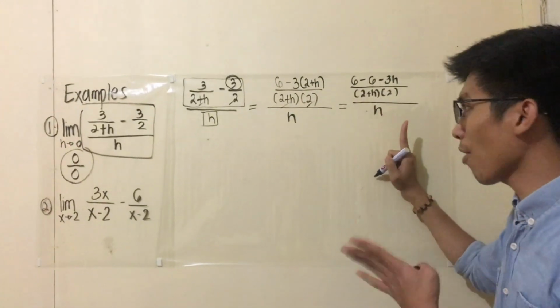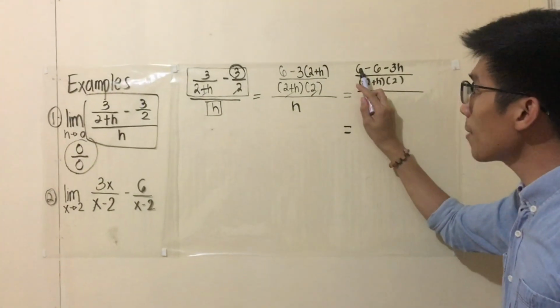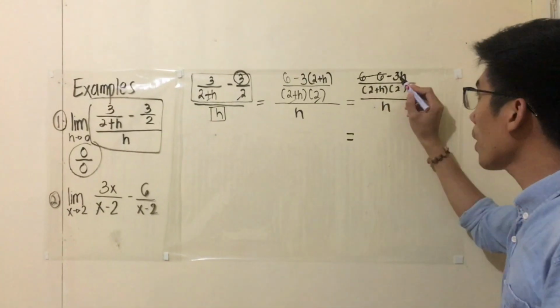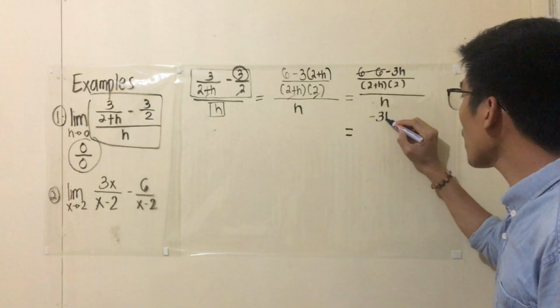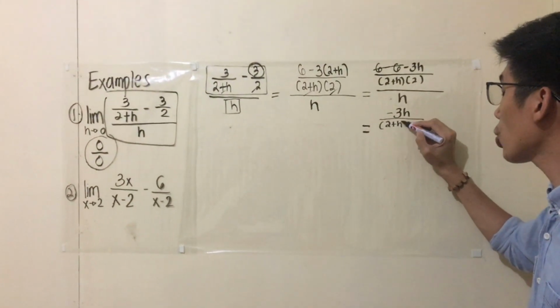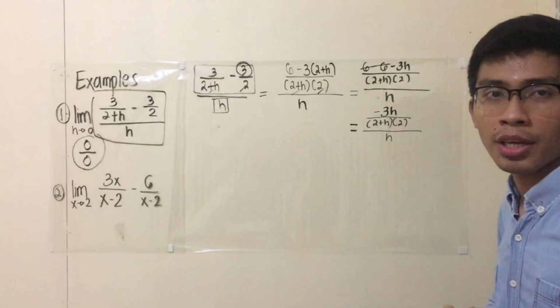Obviously, 6 minus 6 is 0. What remains in your numerator is negative 3h all over the quantity of 2 plus h times 2, all over h. Okay?